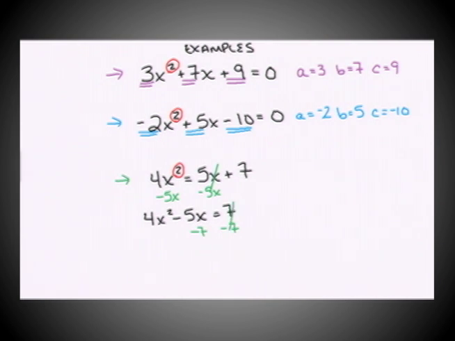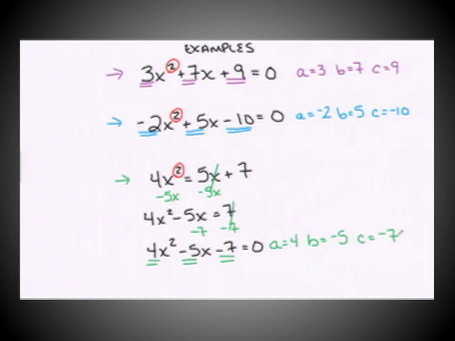There's my 0 pair. And I have 4x squared minus 5x minus 7 equals 0. So now we can easily identify a, b, and c. A is positive 4, b is negative 5, and c is negative 7.